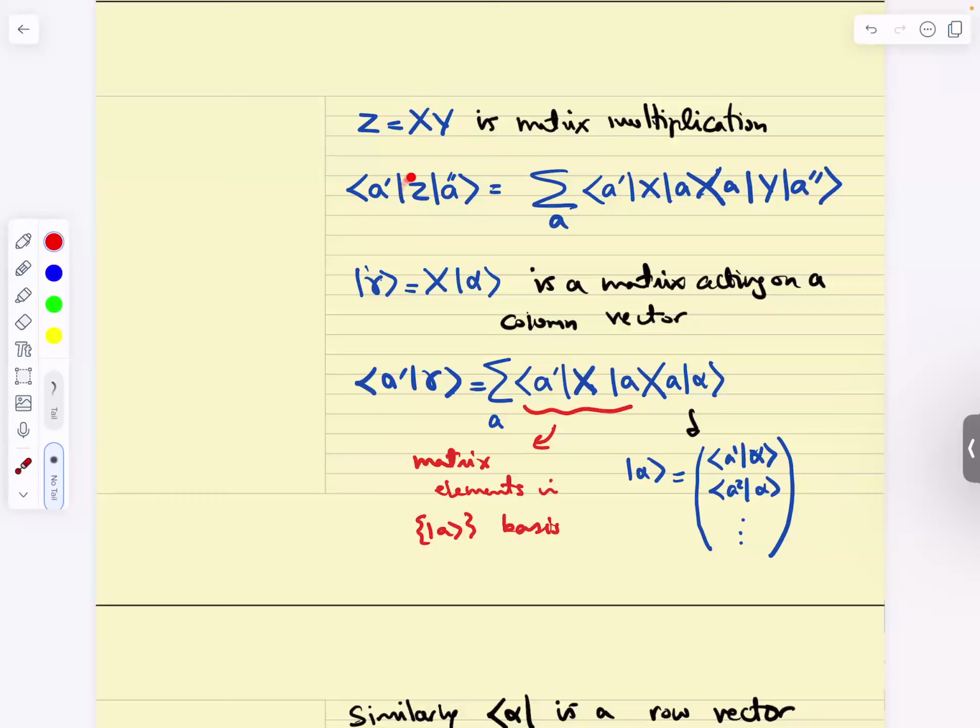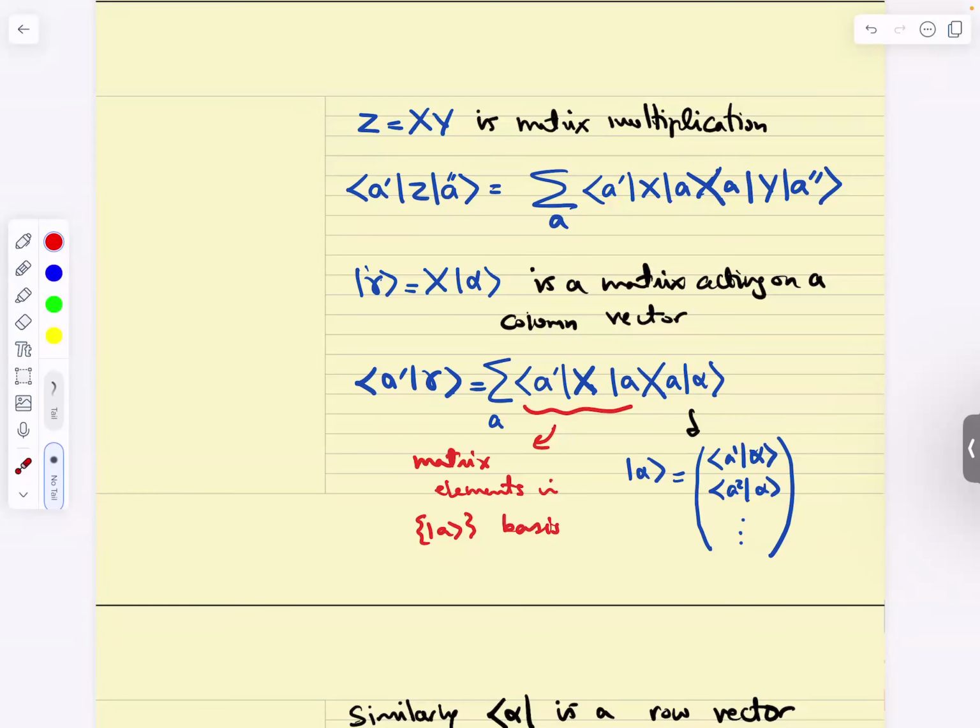Now consider an observable. So this is Z equal XY. This is an observable, this is an observable, this is a composite observable that has two steps. Consider the matrix element of A prime, A double prime of observable Z. This basis could be the basis of some other Hermitian operator A, right? It need not be related to this.